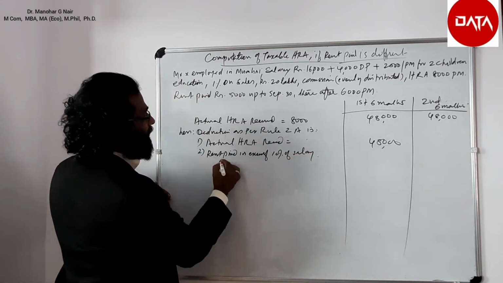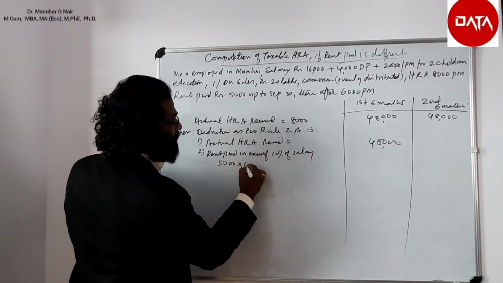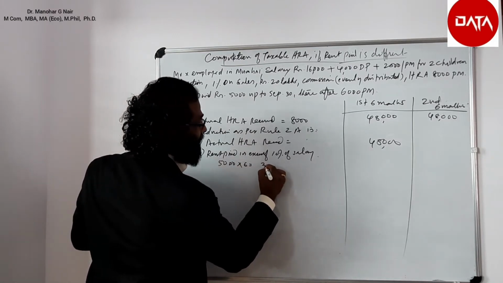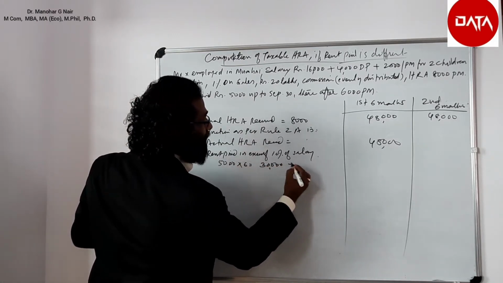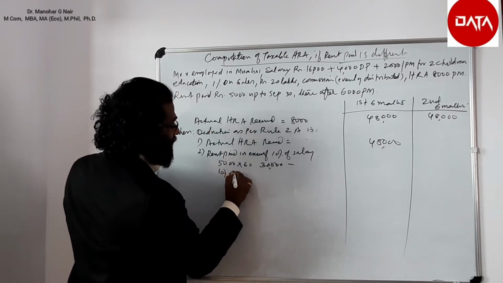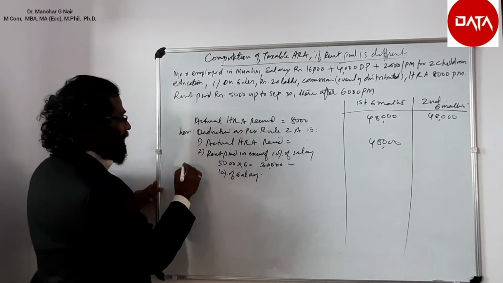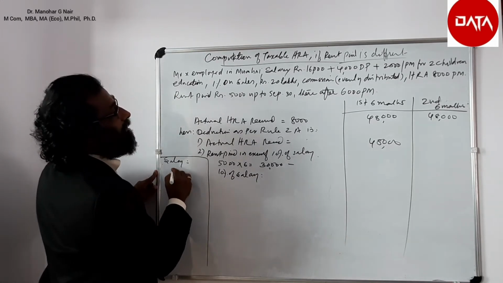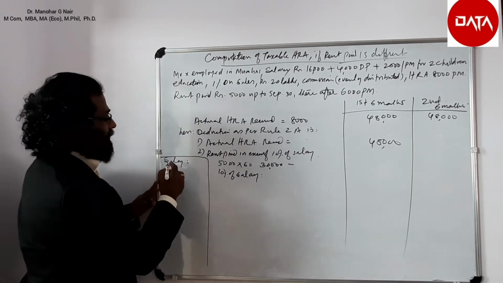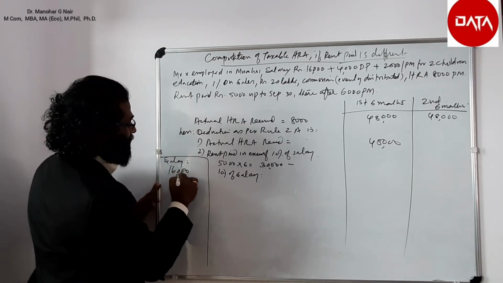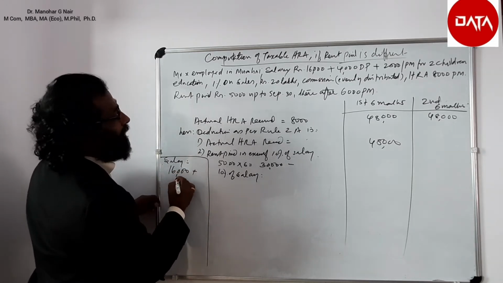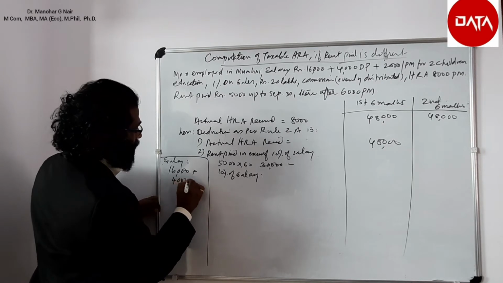Here rent paid is 5,000 into 6 equals 30,000, minus 10% of salary. Here the meaning of salary is basic 16,000 plus DP 4,000.